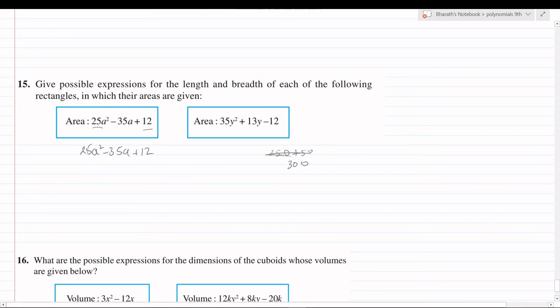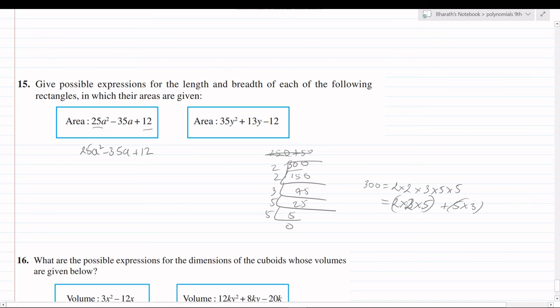So factorize 300 so that the sum should be 35. So 25 plus 8? No, it can't be. 15 plus 20. Yeah. 2 into 3 into 2 into 2 into 5. One side plus, 5 into 3 is 15, equal to 20 plus 15.